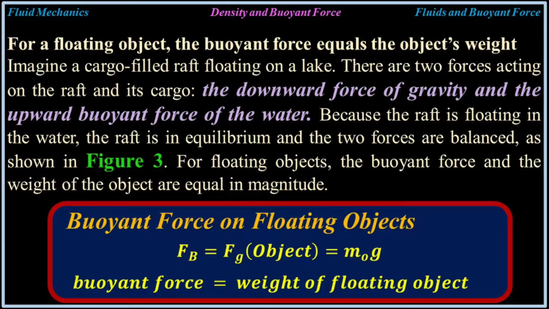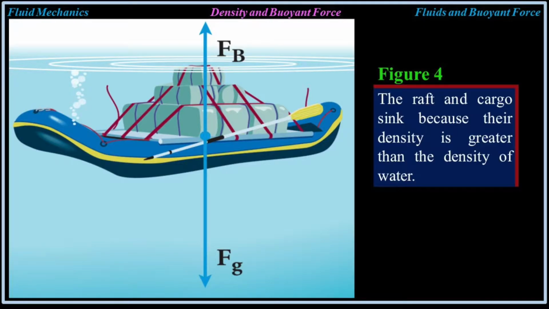Buoyant force on floating objects: buoyant force equals Fg of the object, equals m naught g. Buoyant force equals weight of the floating object. Here you can see when the weight is greater than the buoyant force, the object will sink in the fluid.